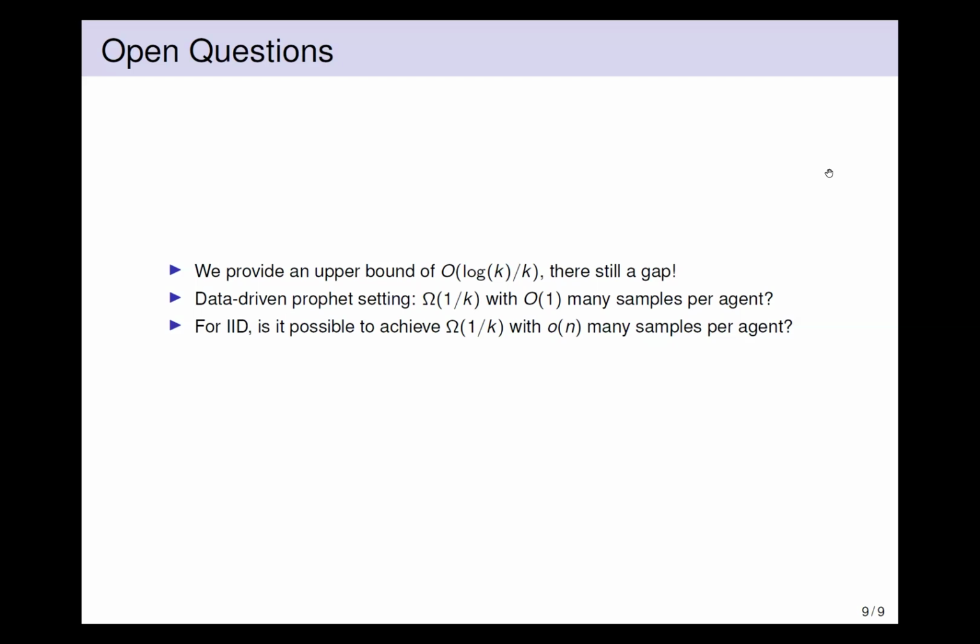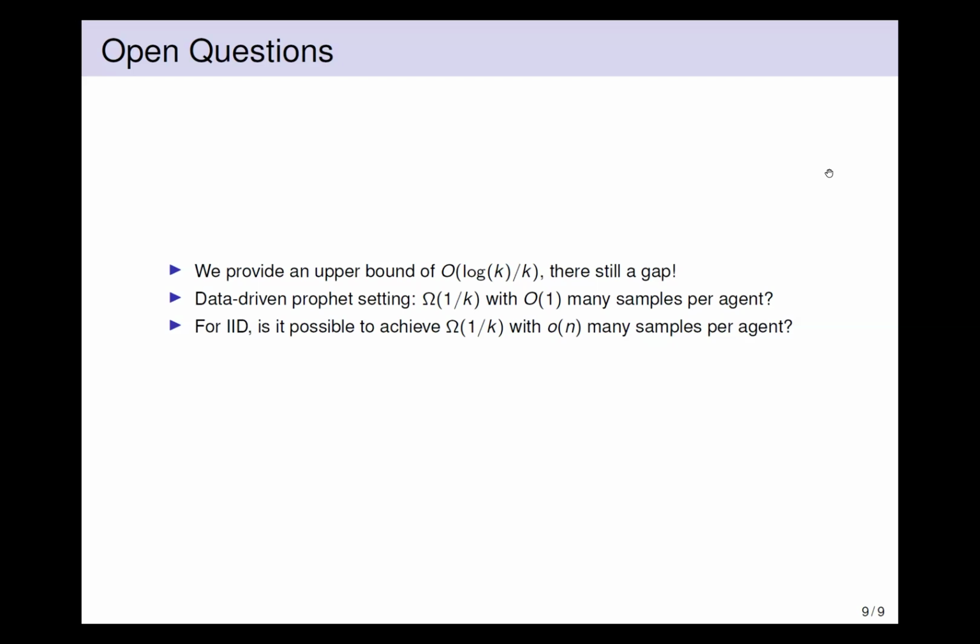Fixed order, random valuation, but now data-driven, I think there is no 1 over k approximation known. Essentially replacing the full distribution information by just samples and getting 1 over k, we don't know.